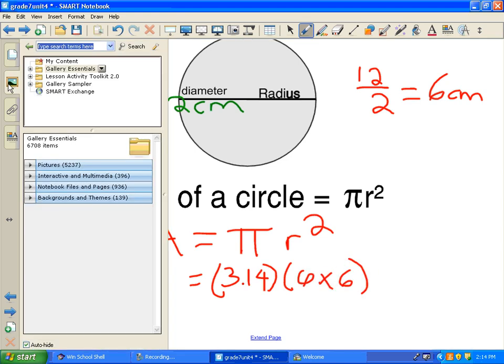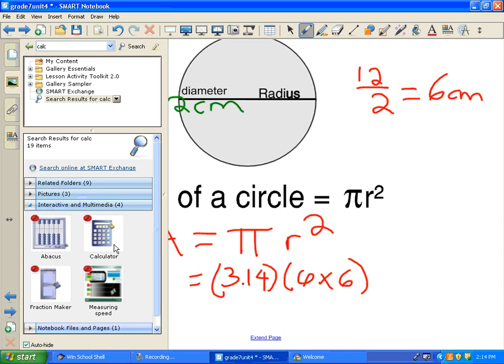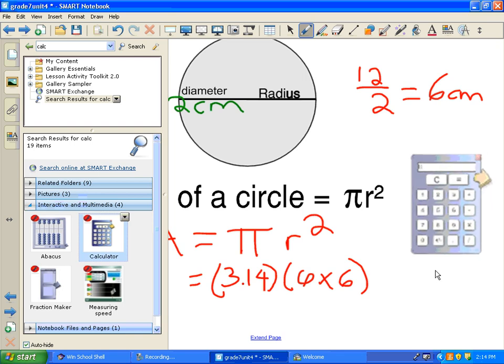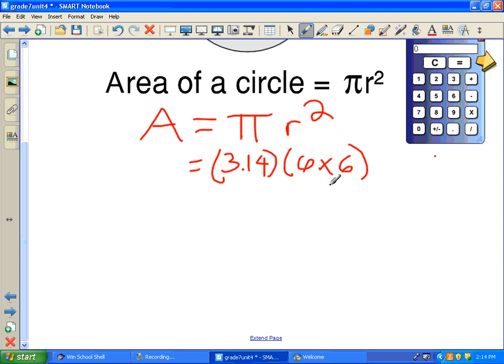Now, you can do this a few different ways. You could use a calculator to work this out, and it might actually be a little bit quicker if you're allowed to use a calculator. But I can multiply 6 times 6 together fairly easy. 6 times 6 is 36. And then I've got to multiply that by 3.14.